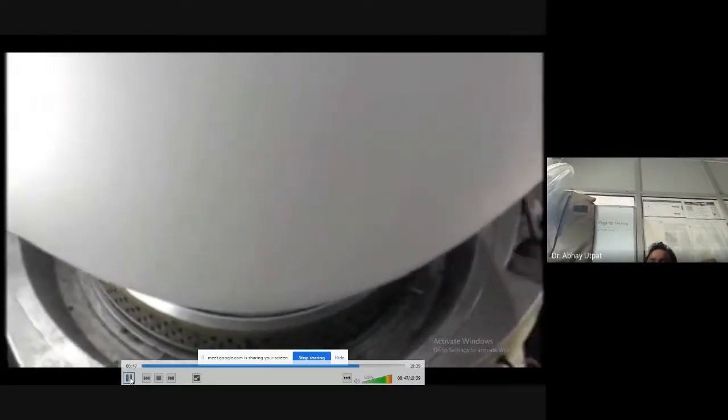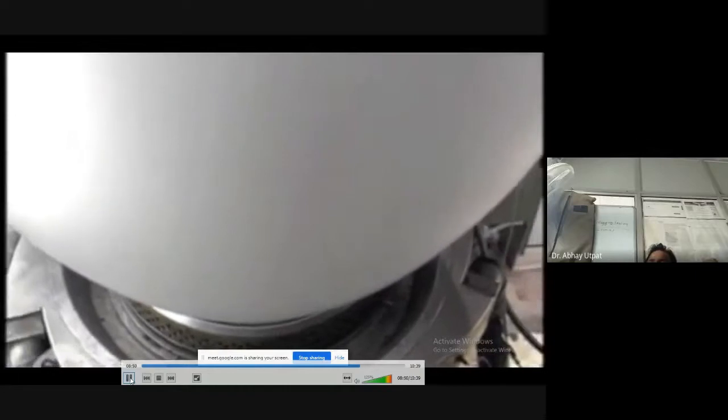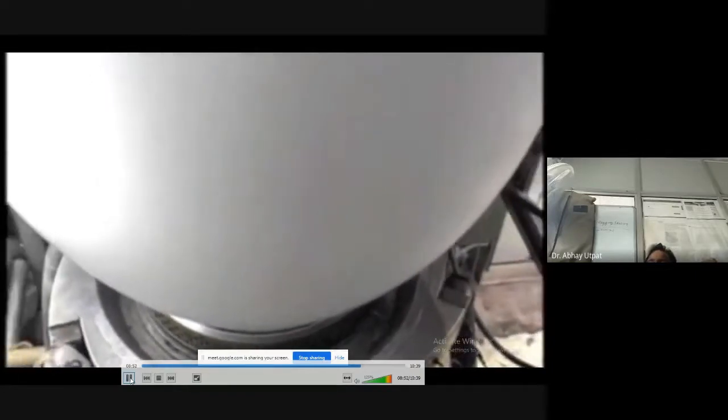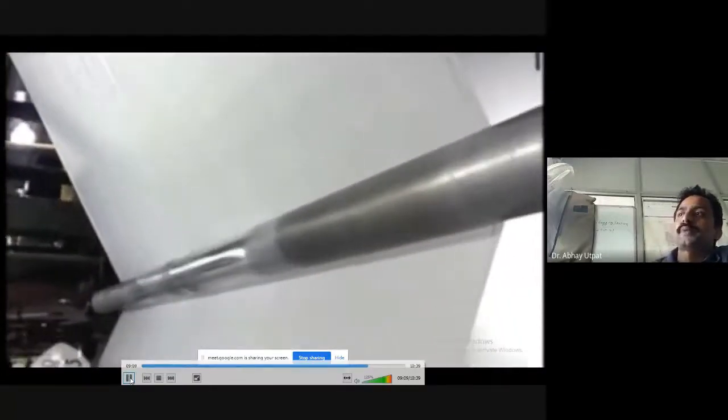So it is extruded in the form of film, and then later it may be converted by cutting to the proper length and size. See, it is wound now. You have seen such packaging material.